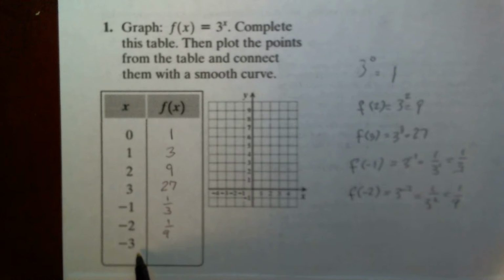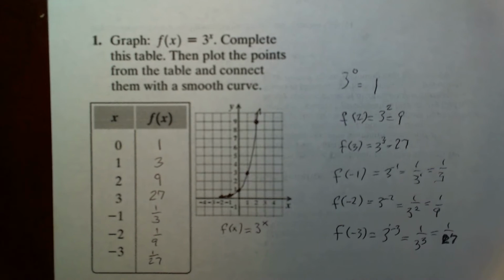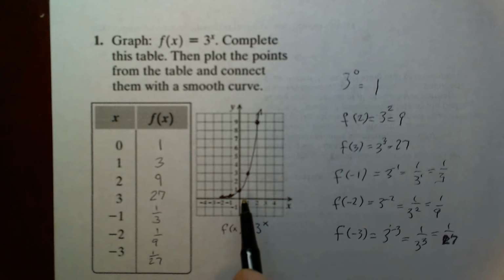And when x equals -3, then f of -3 is equal to 3 to the -3rd power, or 1 divided by 3 to the 3rd power, which equals 1/27. So we have these ordered pairs. Let's plot them. So we plotted the points and connected them with a smooth curve, and this is what f of x equals 3 to the x looks like in terms of a graph.